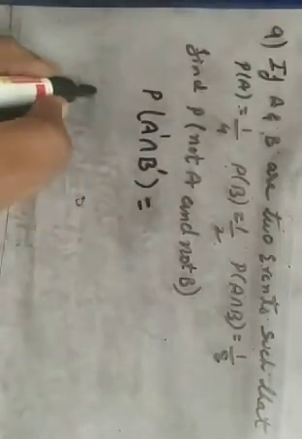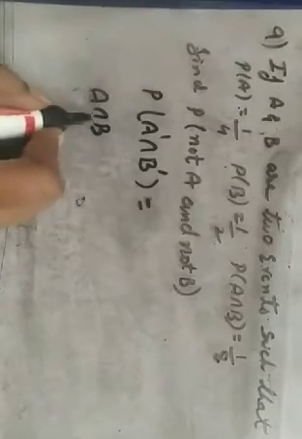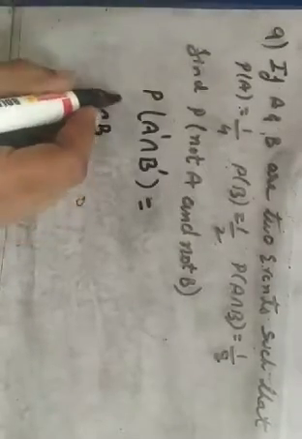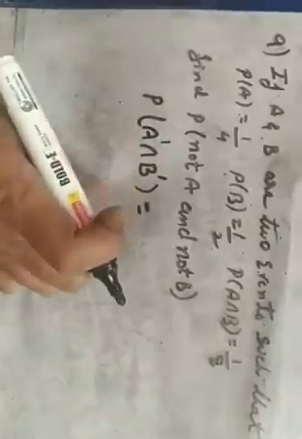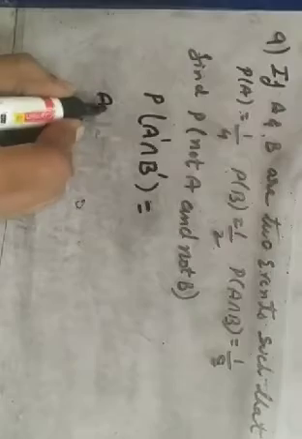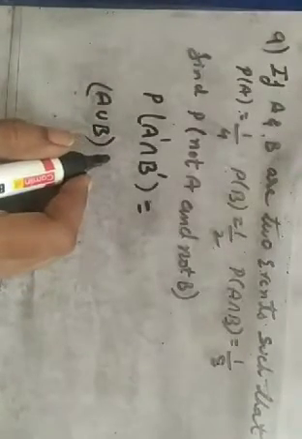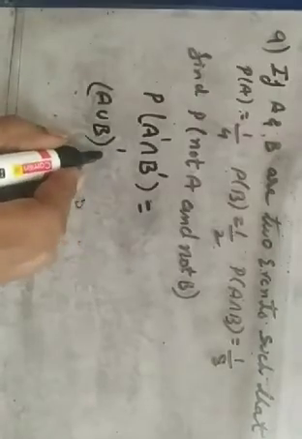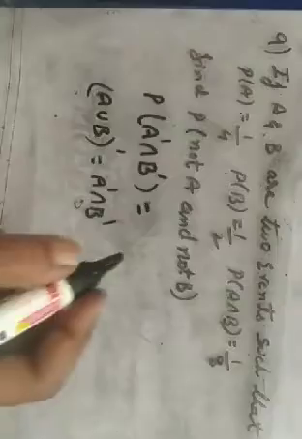So you know the basic formula, that is a sets relation formula. I am using the set relation formula, De Morgan's theorem. You just go through that. A union B complement equals A dash intersection B dash.